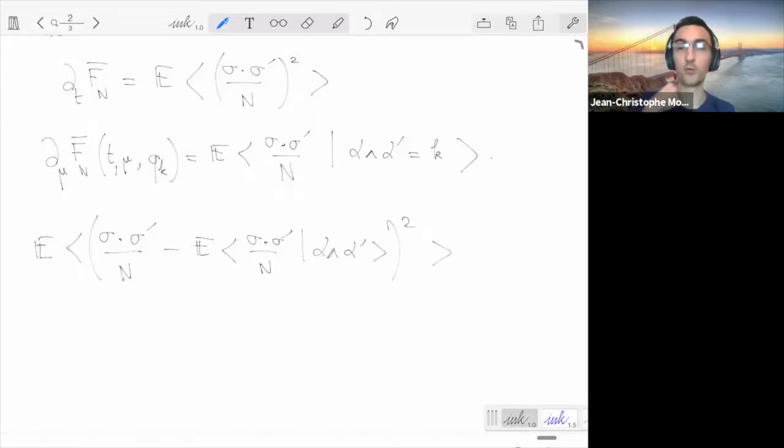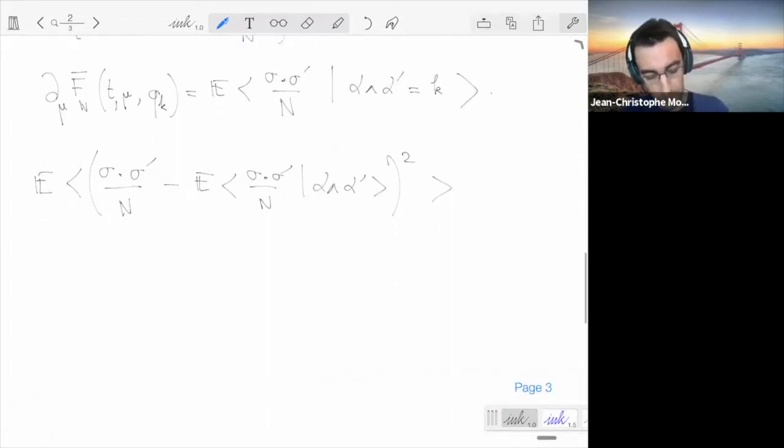Maybe I'm going to do the argument a little bit from the end backwards. I'm going to start from this, which I claim can be made to be our error term, and take a few steps back so that we recover the derivative in t and the derivative in mu.